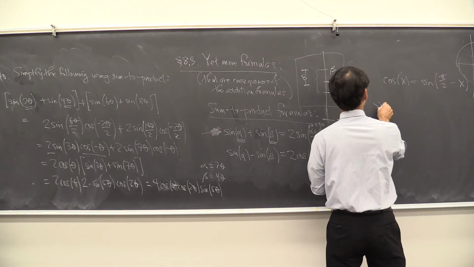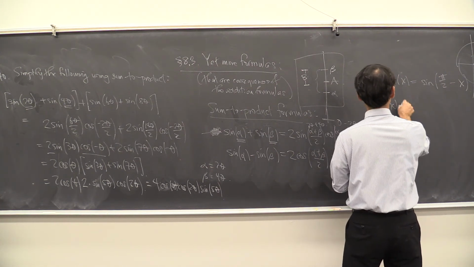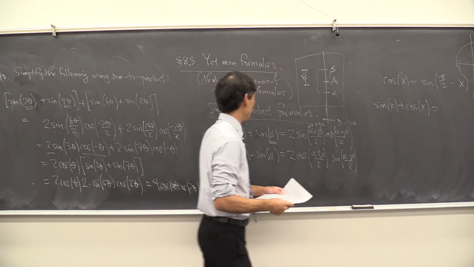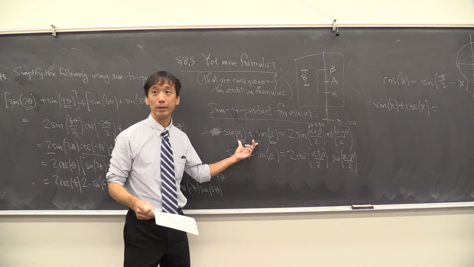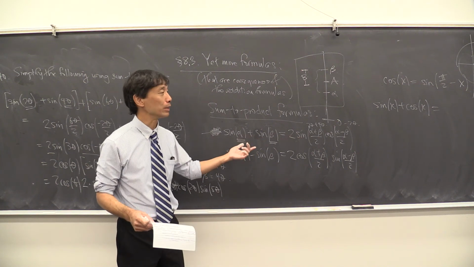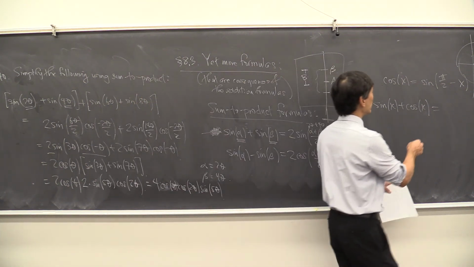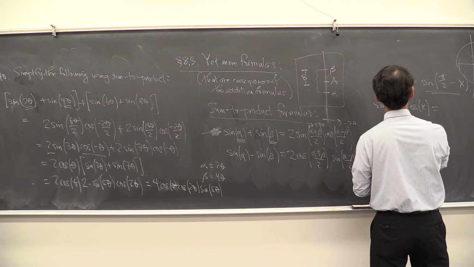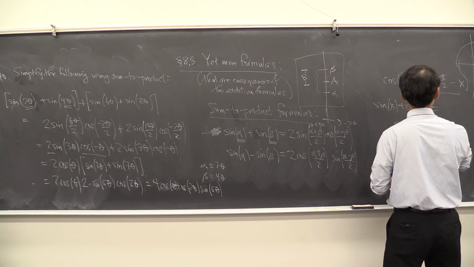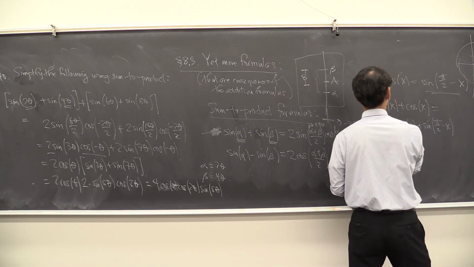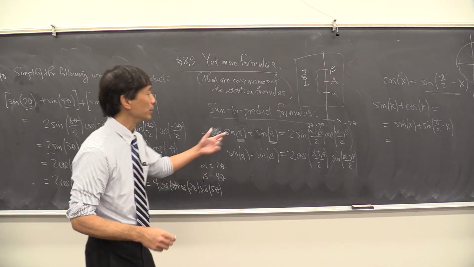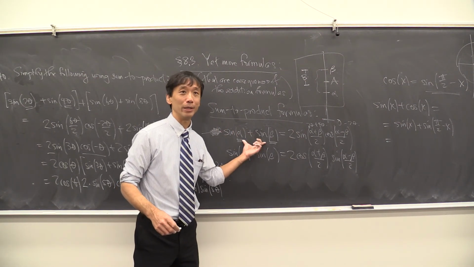So for example, if you wanted a formula for the sum of sine and cosine, like sine plus cosine, well, you can just use the sine formulas. You can change this into sine of x plus sine of pi over 2 minus x. And then just come back to our sine formulas, which we have already.